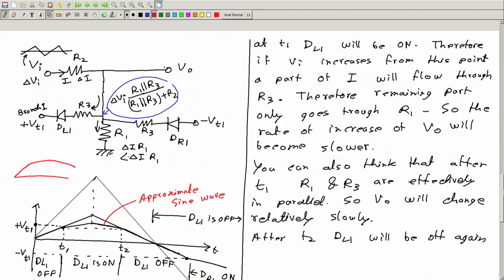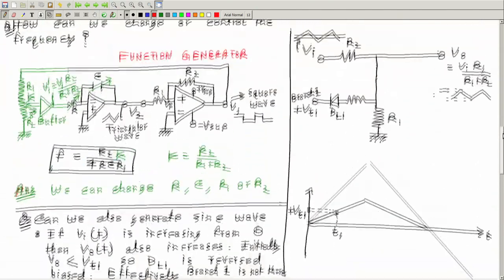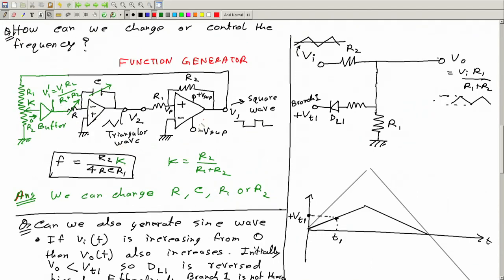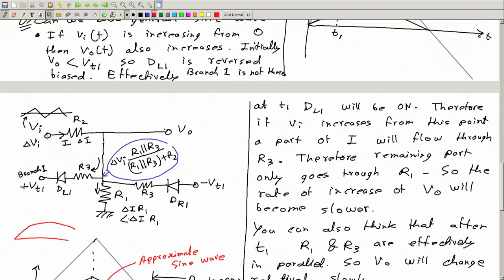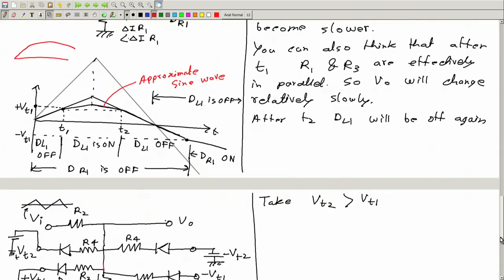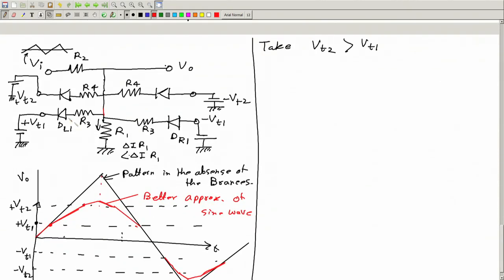In our function generator, we had a triangular wave generator. So you can take this triangular wave and connect it to this circuit, which generates a piecewise linear approximate sine wave, and you can get a sine wave, and then filter it if you like.